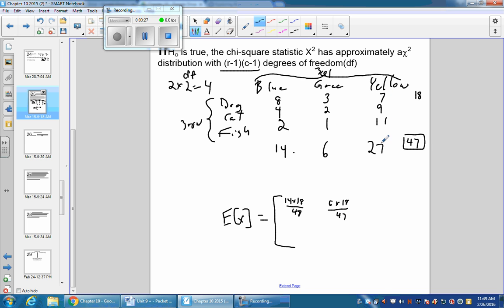This column here would give us 27 times 18, all divided by 47. The next row, 13, 15, I would start with 15 times 14, all divided by 47, and so on until I get these two, and then this value, and this value. And those are our expected counts.